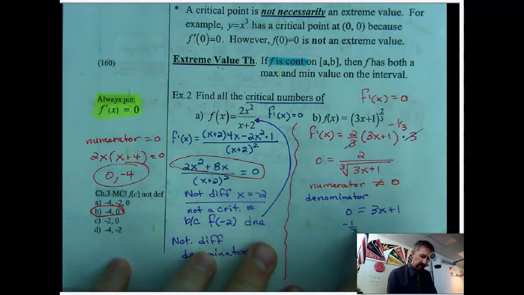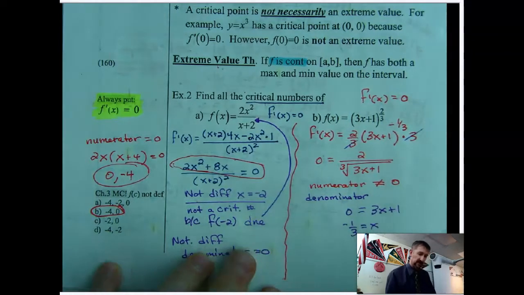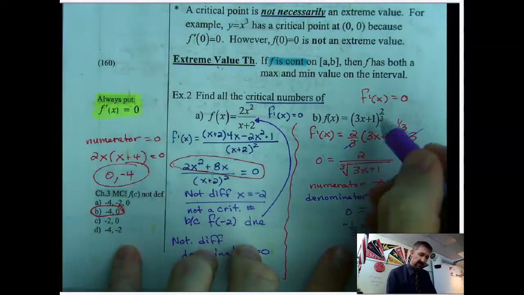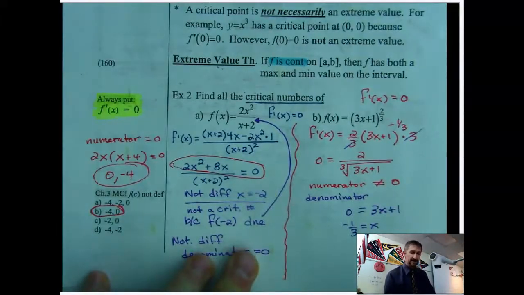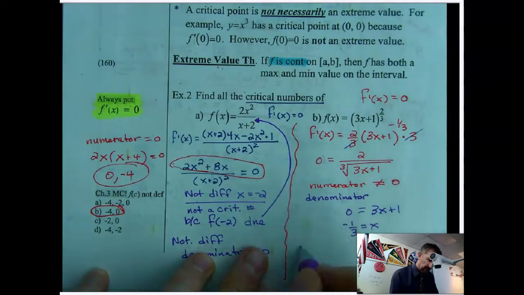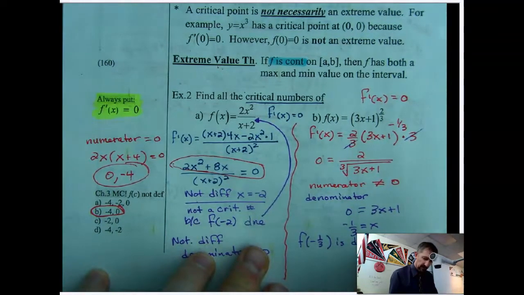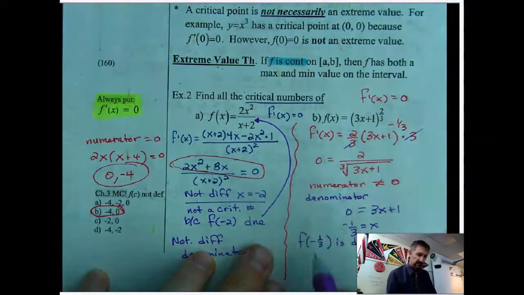So that's going to be x equals negative 1/3. Now, that is defined. F of negative 1/3 is fine, just 0. So, just said that f of negative 1/3 is defined. It equals 0 if we plug it in up there.